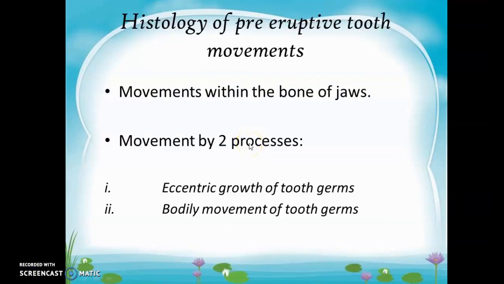Now let's see what histological changes occur within the bone when tooth germs make their pre-eruptive movements. The pre-eruptive movements basically occur by 2 processes, which are eccentric growth of the tooth germs and bodily movement of the tooth germs.